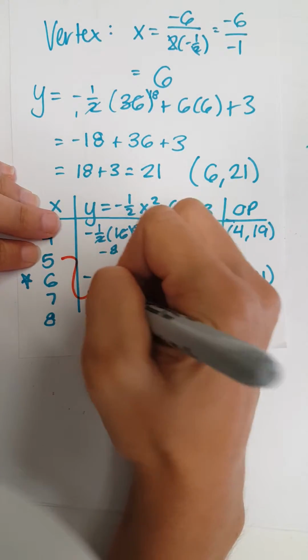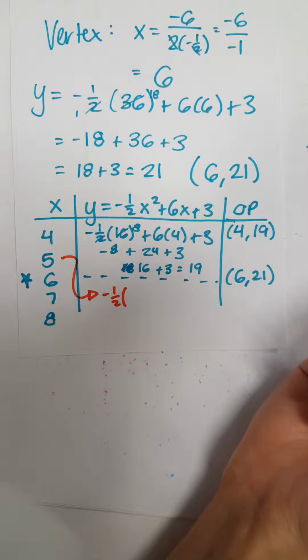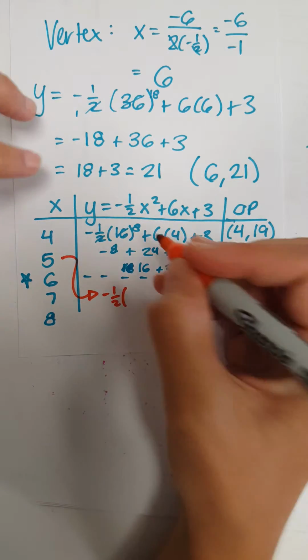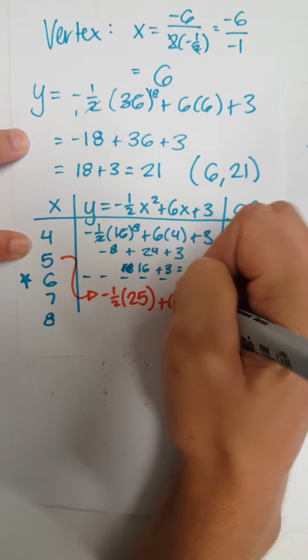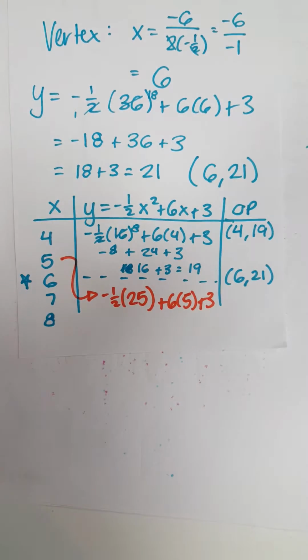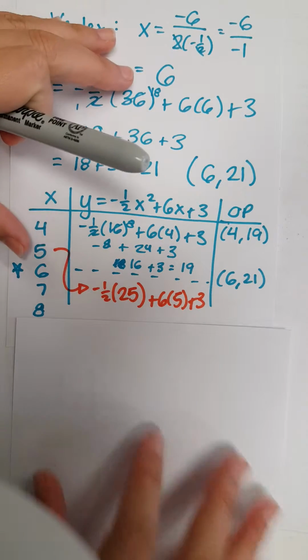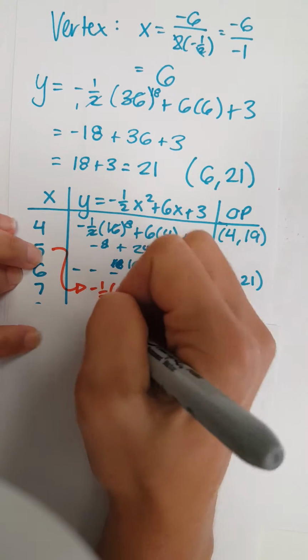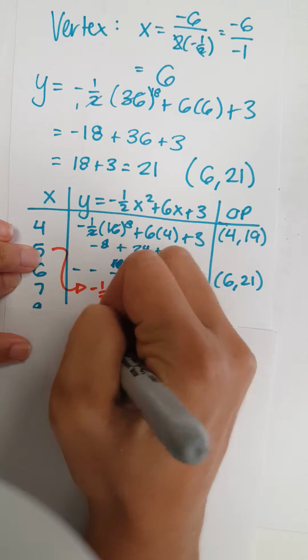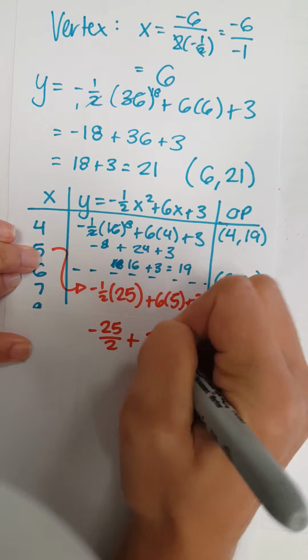Okay, 5, so -½. Oh, wow, that's going to be annoying. -½ times 5 squared is 25, plus 6 times 5 plus 3. So -½ times 25, does it cancel out? No, it doesn't. So we get -25 over 2 plus 30 plus 3.